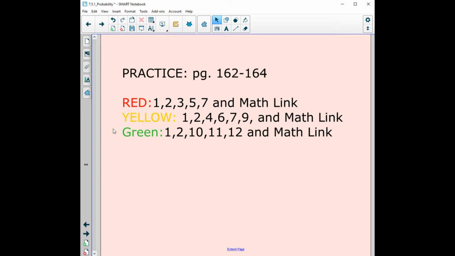Yellow is if you're feeling okay about it, pretty good. I want you to do these ones, challenge yourself a little bit. And the green means forget about it, this is easy, no problem. I want you to do these questions. You are welcome to do all of them for practice, but I definitely want you to be able to do the red.